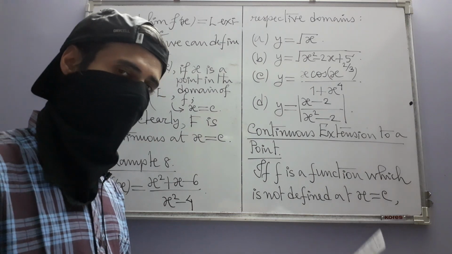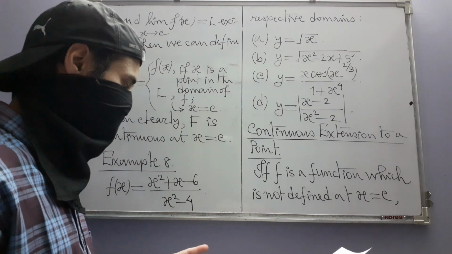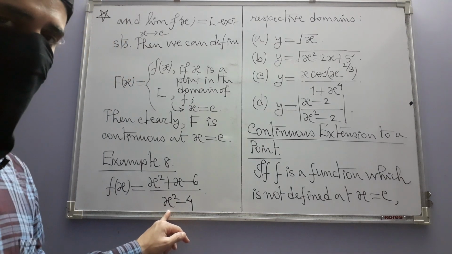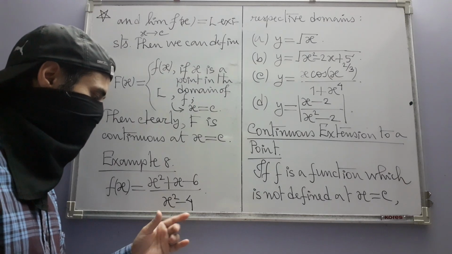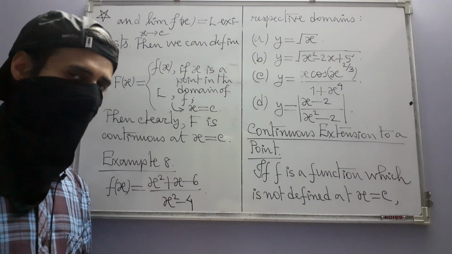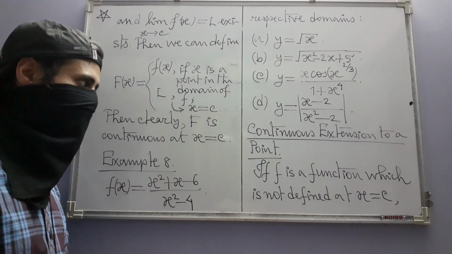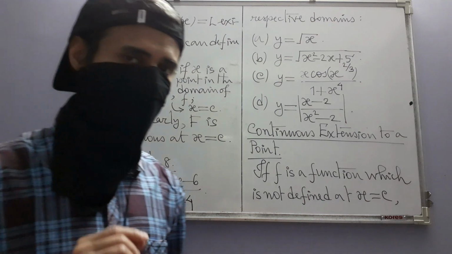We have to show that this rational function has a continuous extension to x equal to 2. 2 is a problematic point. We can see here that if we replace x with 2, the denominator becomes 0. So that means 2 is not a point in the domain of small f. So we need to find a continuous extension to the point x equal to 2.